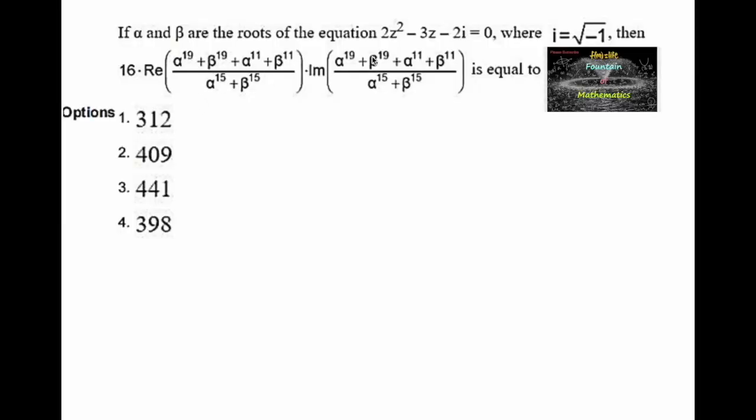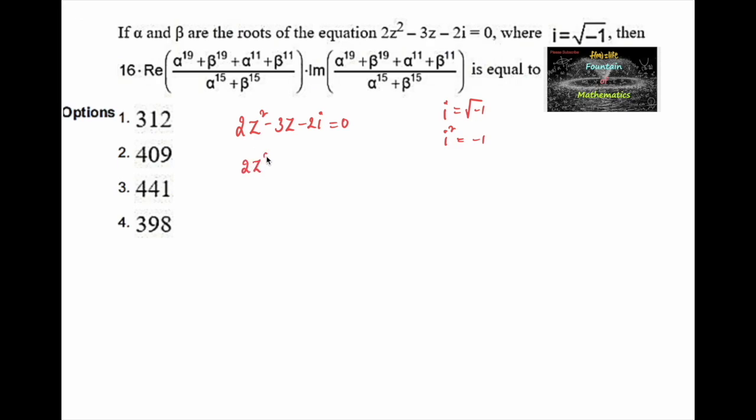Given alpha and beta are the roots of the equation 2z square minus 3z minus 2i, where i is equal to under root of minus 1. That is i square is equal to negative 1.